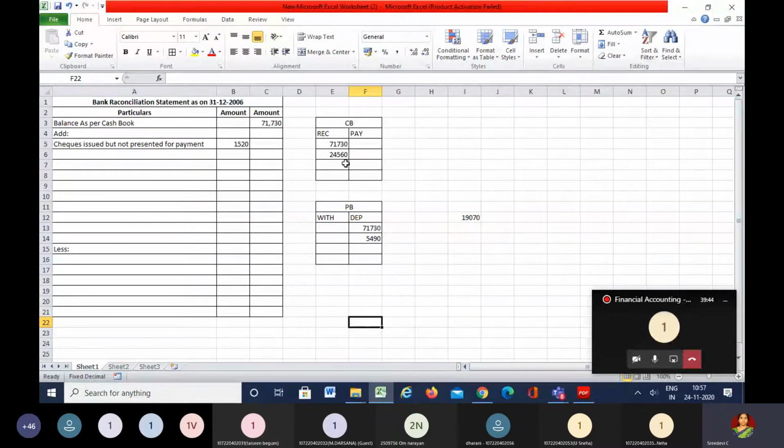That means the cash book is more by 19,070, so we need to deduct it here. So checks deposited but not credited. How much has not been credited here in the passbook? 19,070 rupees not been credited.